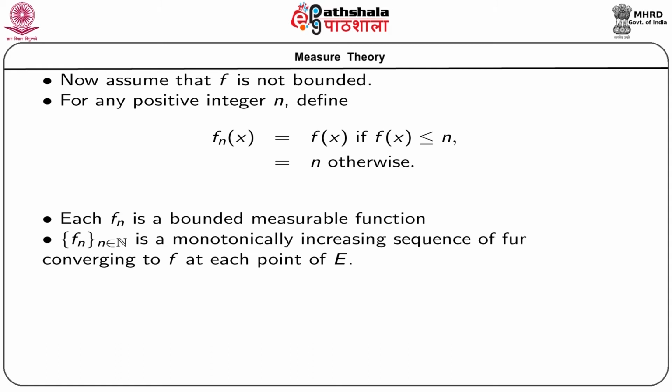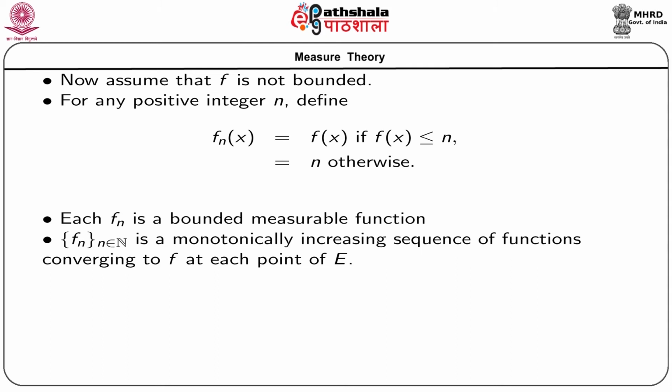And of course, the sequence f n, n belonging to capital N, is a monotonically increasing sequence of functions, and it converges to f at each point of E. We have already seen the logic behind this, because if we take a point x where f x is finite, then we can always choose a positive integer m such that f x is less than m, and consequently for all n greater or equal to m, we have f n x equal to f x.